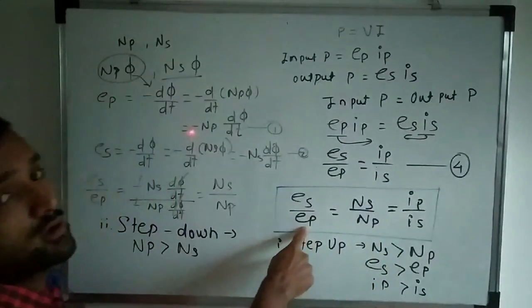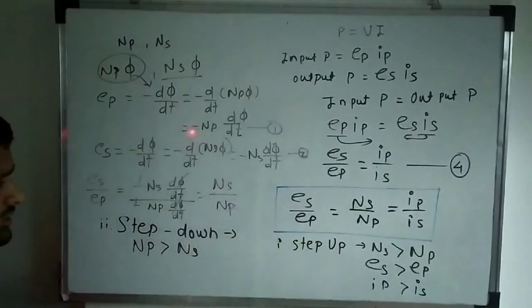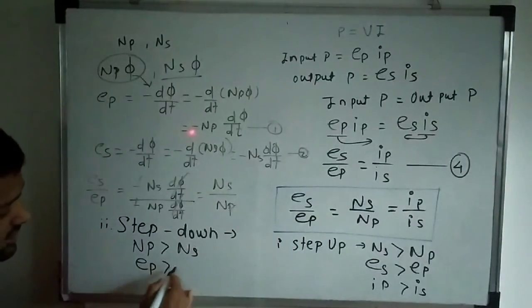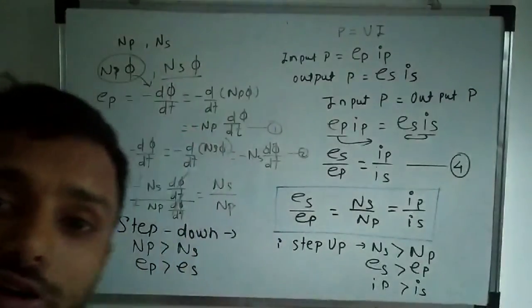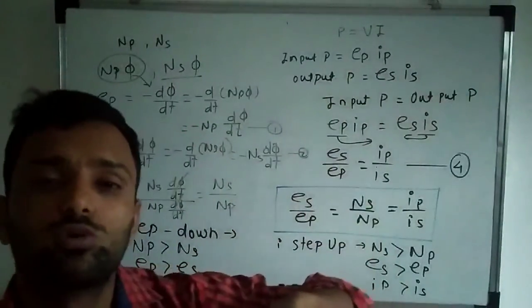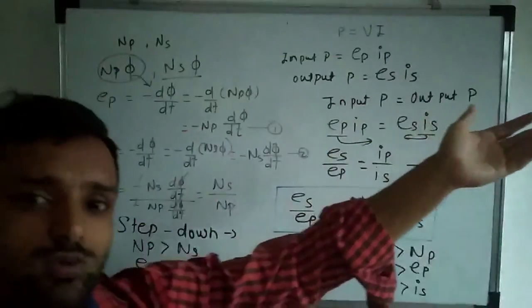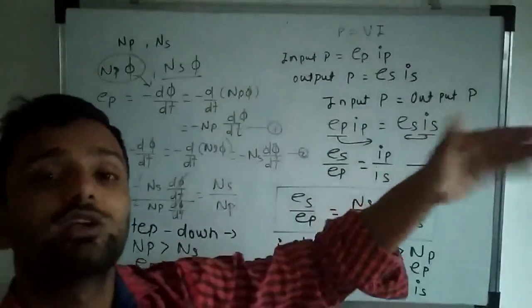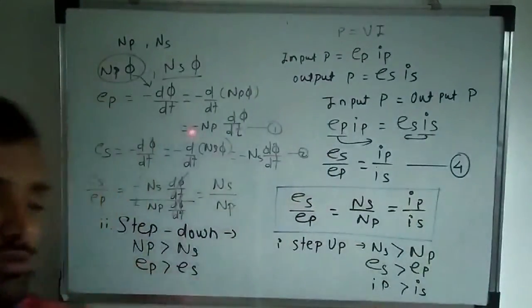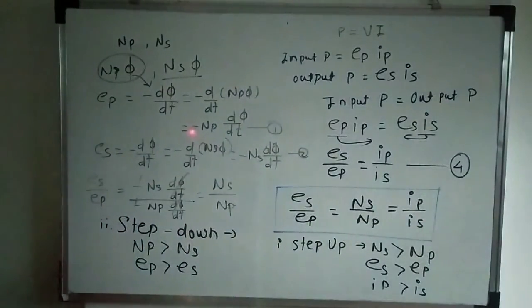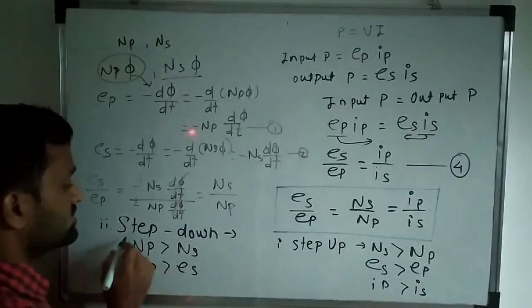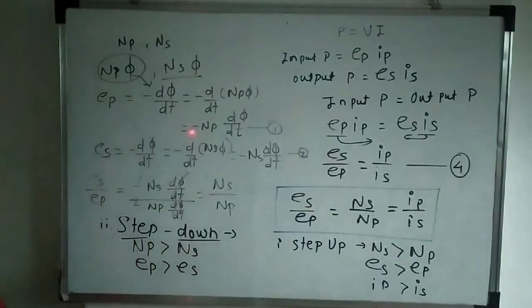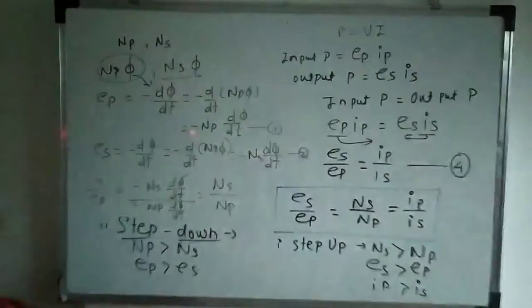So in the same manner, to the left side we can write EP is greater than ES. So at the output you are getting less voltage than the input voltage. The output voltage is smaller than the input, so we can say that the transformer is voltage step down.